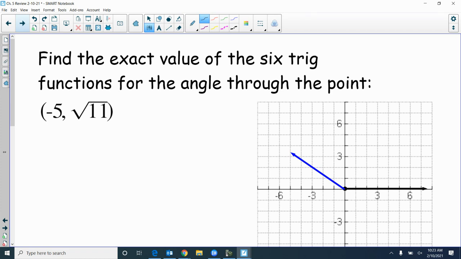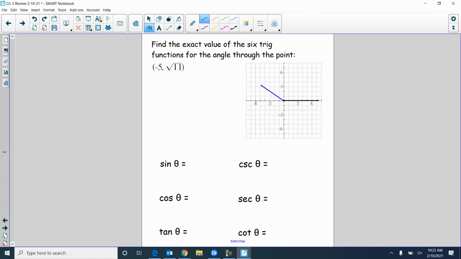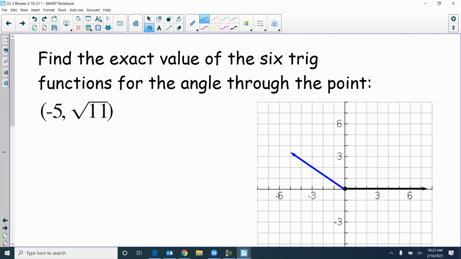All right, so what do we got to do for that? Make sure you understand here. I want to know what the sine of the angle is, the cosine of the angle, the tangent, cosecant, secant, and then cotangent for that. And you can just estimate here.